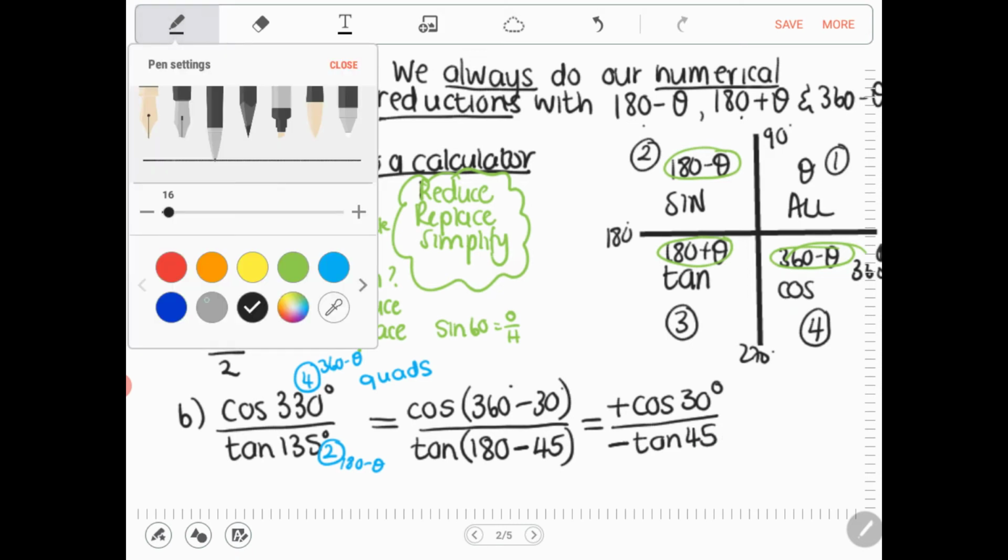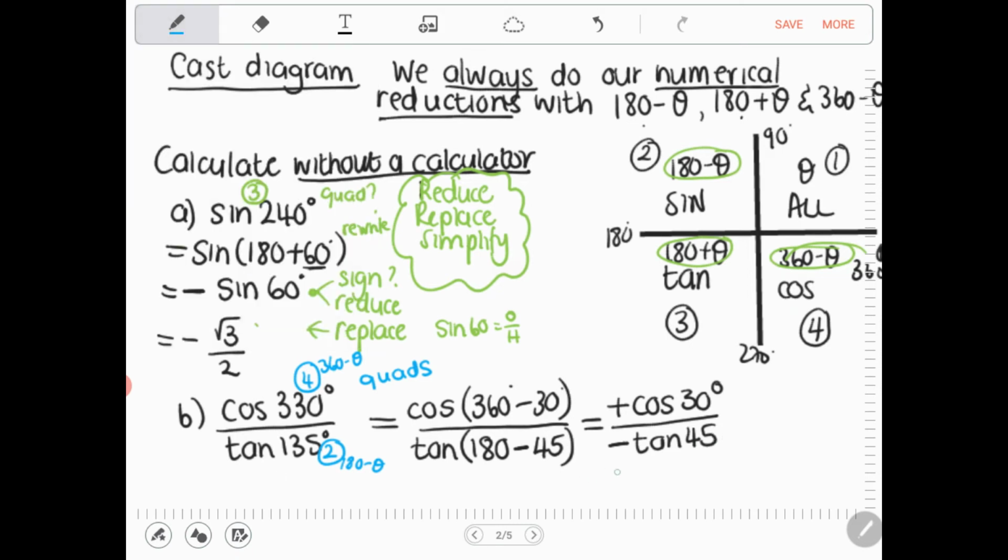Okay, so now we're doing our sign and reduce. And then finally we're going to replace them from our special angle triangles.